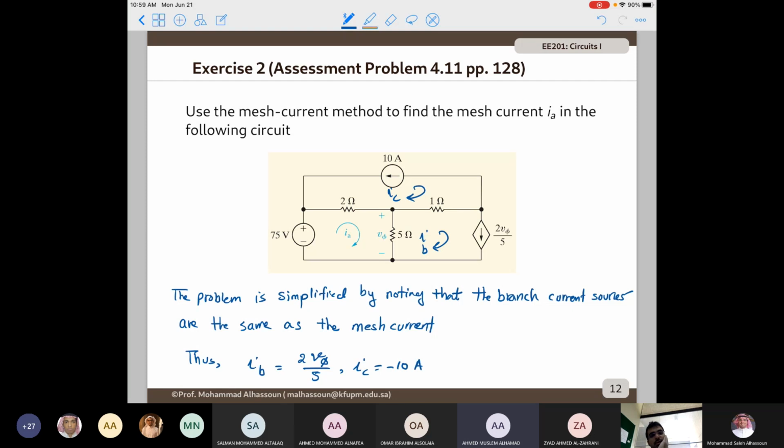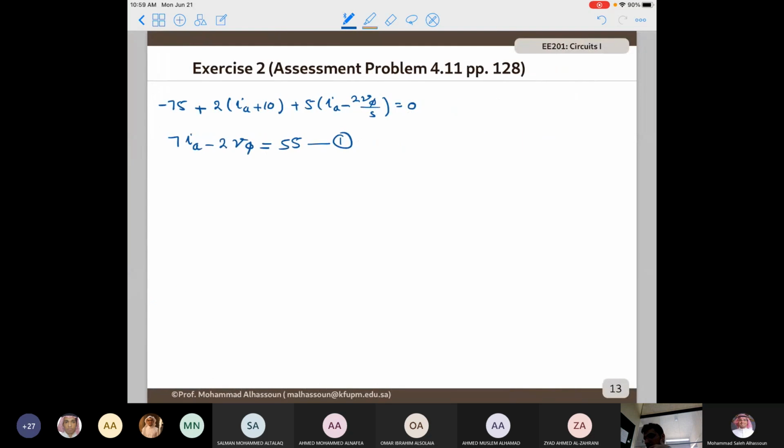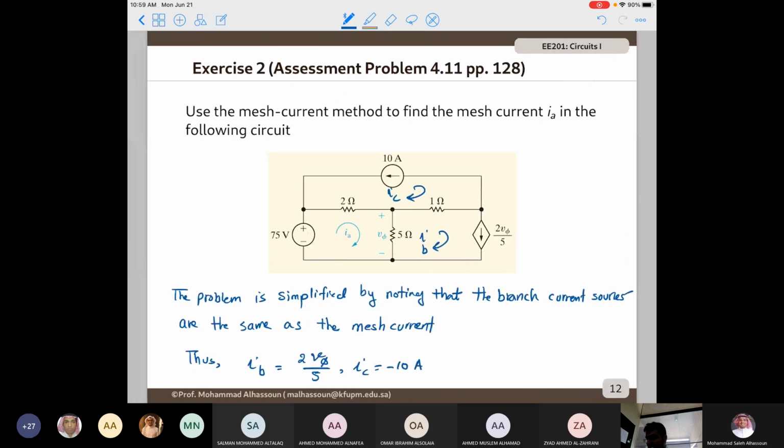So now we have one equation, two unknowns. We need to find another equation in the circuit that relates VP to IA.